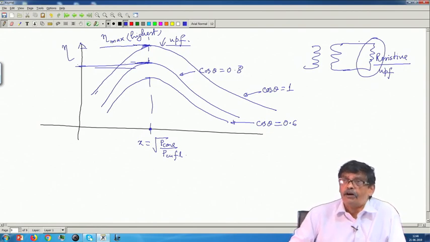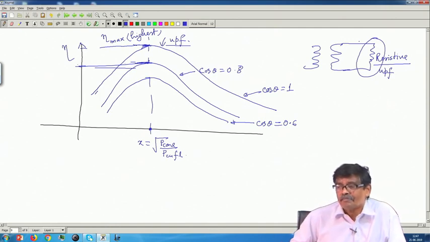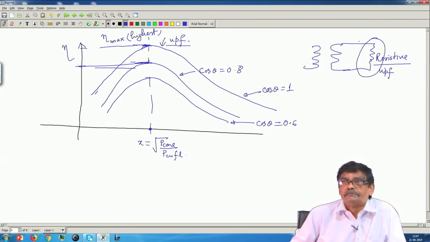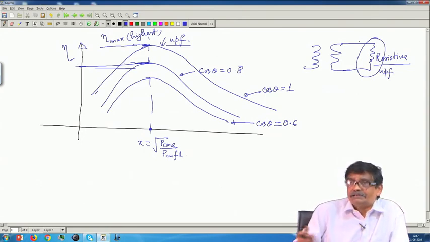And if you are found to draw power for loads which are below 0.8, say 0.6, you will be charged extra. These are the things which come into play now.